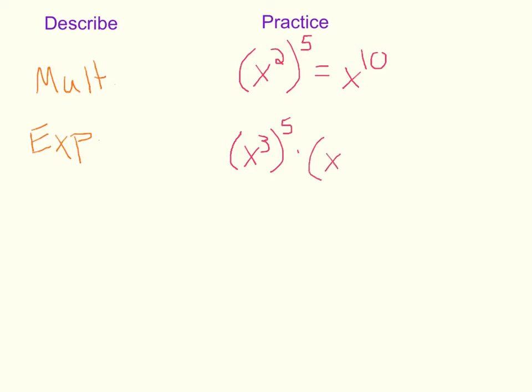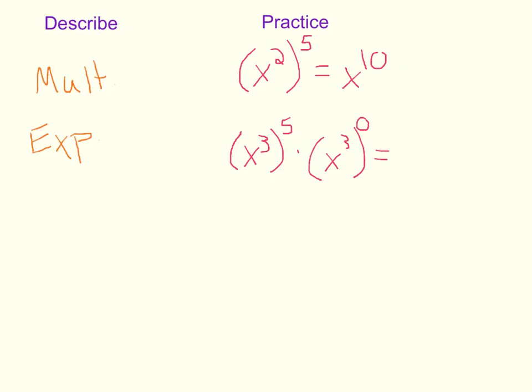Alright, let's do a couple examples. So, real quick, basic one, x squared to the power of 5. Multiply your exponents. So it's x to the power of 10. Let's say for our second example we have x to the third to the fifth times x to the third to the power of 0.